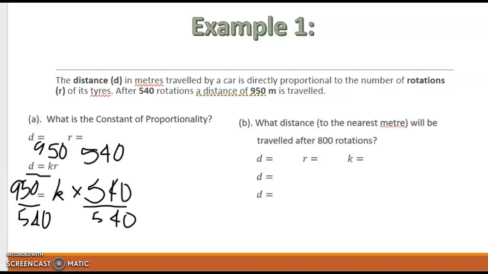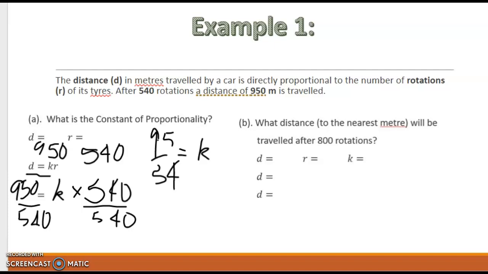So that cancels out the 540 on the right hand side and just leaves us with k. On the left hand side, we've got 950 divided by 540, which gives us 95 on 54. Now we might as well leave it like that because we need that to answer the next question.